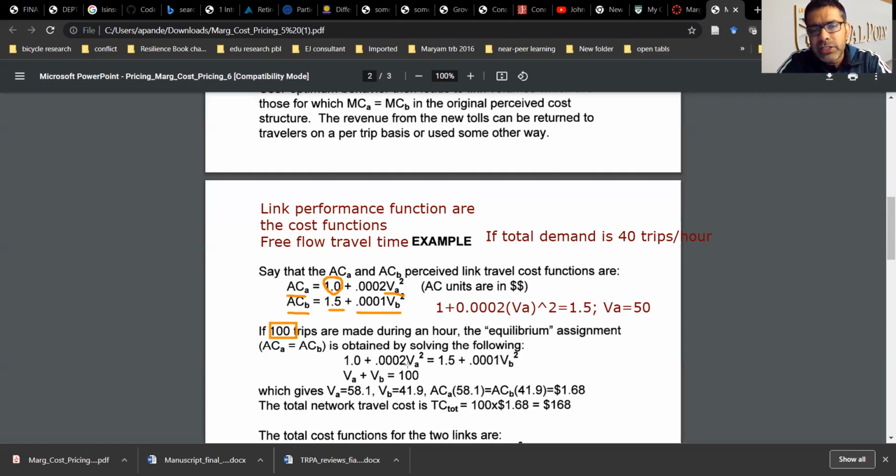It's still two equations, two unknowns, even though the equation itself is a little bit complicated with the squared. But what you will do is equate the travel cost on route A with the travel cost on route B. So remember, this is ACA equal to ACB. And then your second equation will be VA plus VB equal to 100.